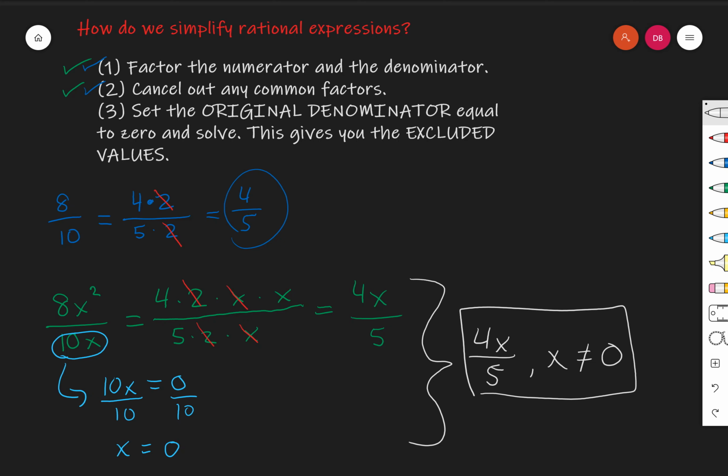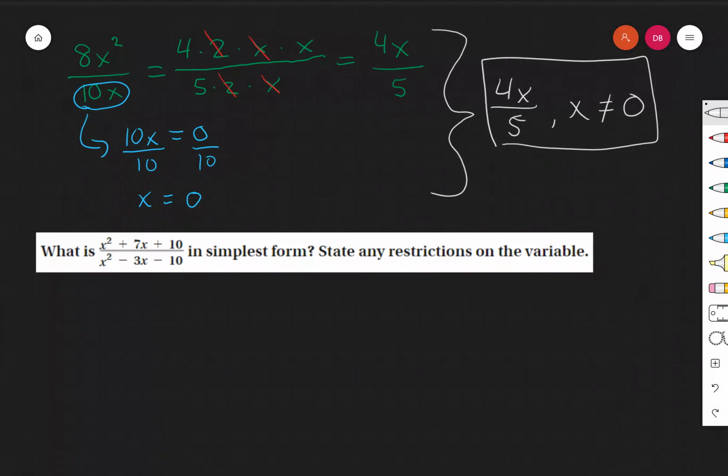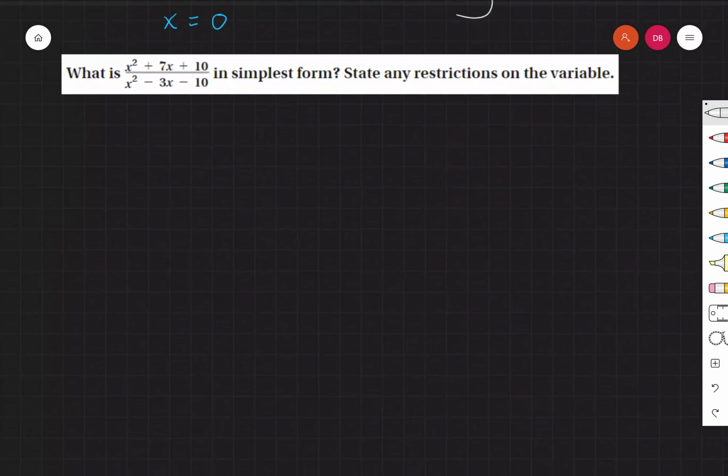Only the denominator. We don't set the numerator equal to 0. Just the denominator, just whatever's on bottom cannot be 0. The top can be 0 because we can divide into 0. We just can't divide by 0. So with that in mind, let's do a slightly more involved example.